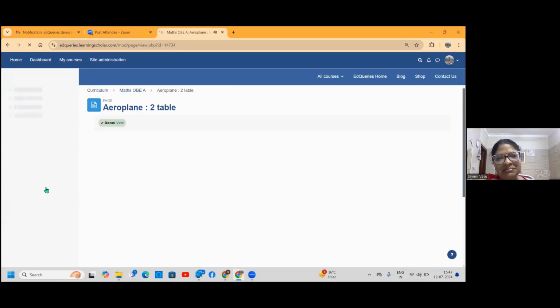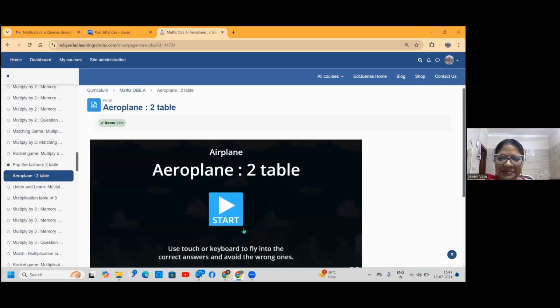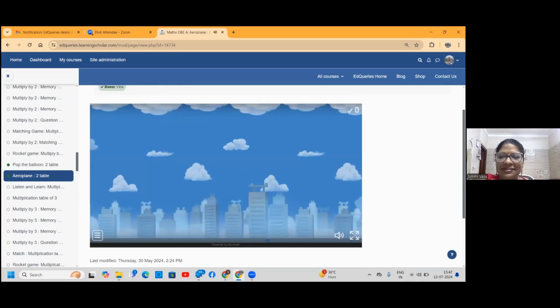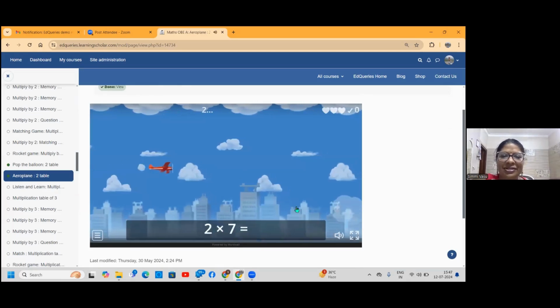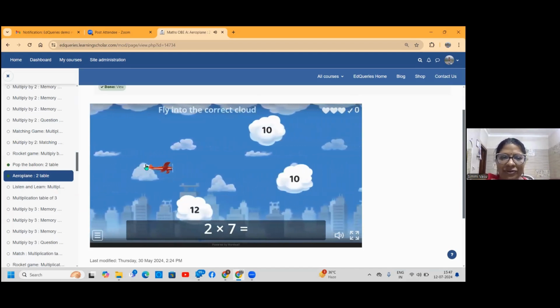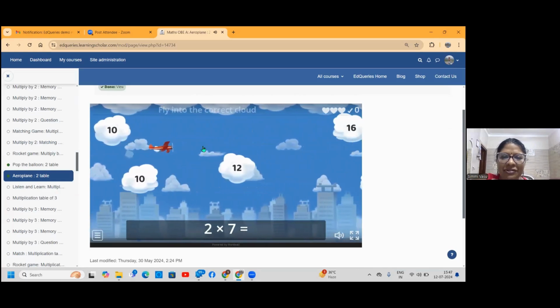So similarly, we have an aeroplane game also in this. So there is an aeroplane, and 2 sevens are 14. I have to maneuver the aeroplane and make sure.